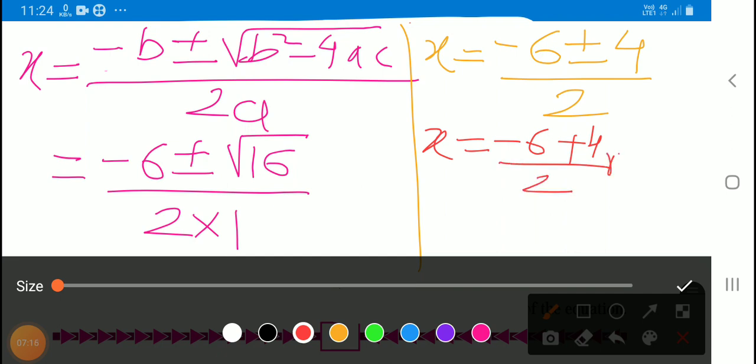or x is equal to minus 6 minus 4 upon 2.